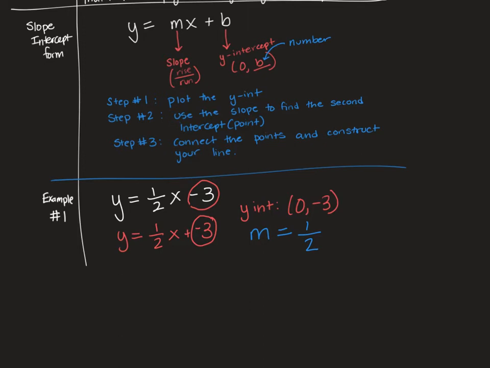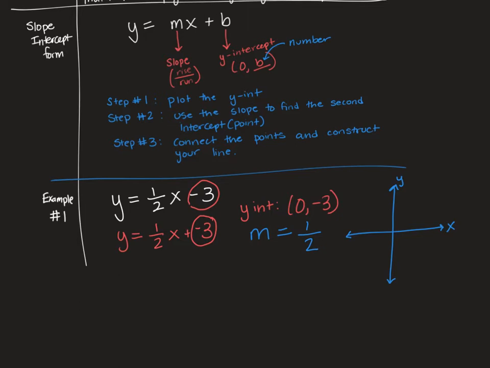Cool. So step number 1 says plot the y-intercept. So I would draw, and this does not have to be perfect, guys. There's human error here because we're drawing this graph. You just have to know which one is your y-axis and which one is your x-axis. And obviously you need to know where 0, 0 is. It's where the lines intersect, the y-axis and the x-axis.